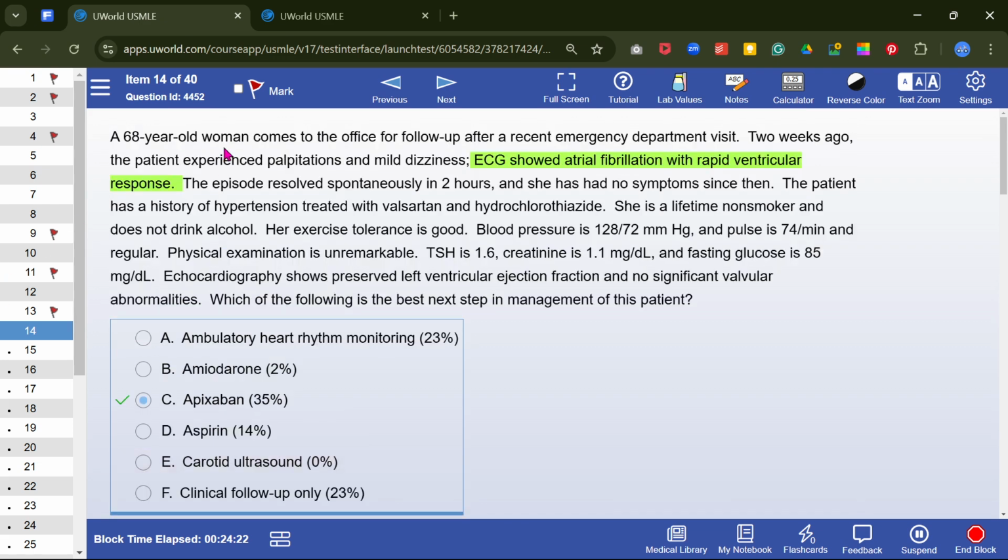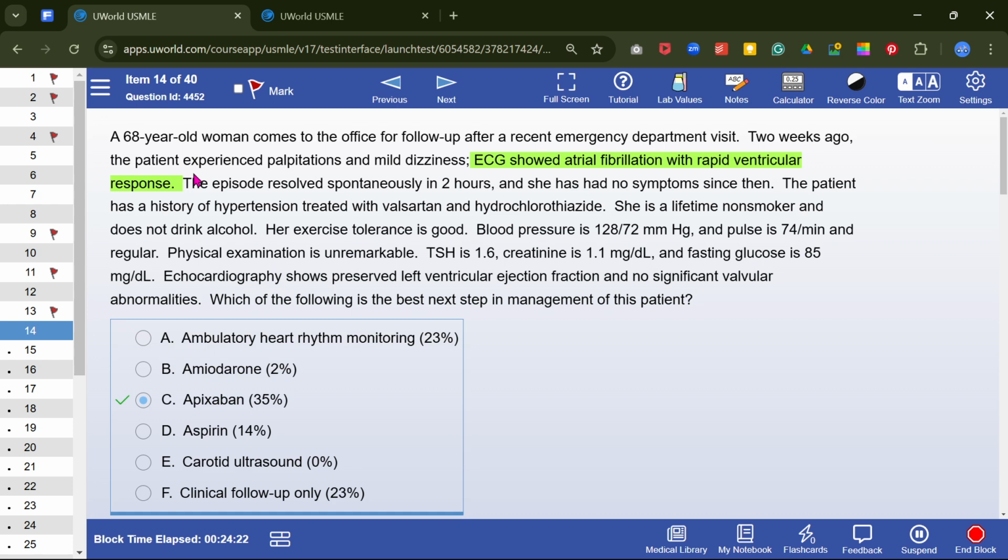In CHA2DS2-VASc, she is a woman. We need only two, isn't it? Her age is 68. In a female, sorry, we need three. So she has hypertension, and she is a female.